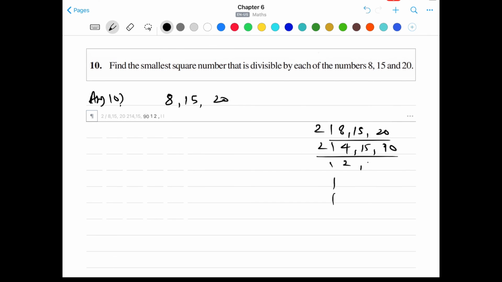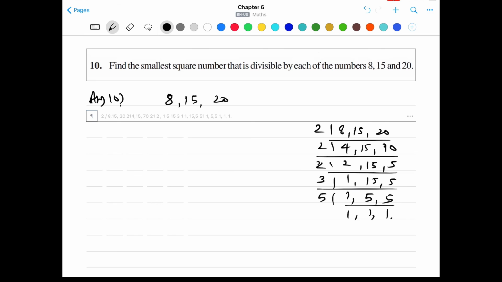Again dividing by 2 we get 2, 15 as it is, and 5 here. Again dividing by 2 we get 1, 15 and 5. Now we divide by 3, we get 1 here, 5 here and 5. Again dividing by 5 we get 1, 1 and 1.